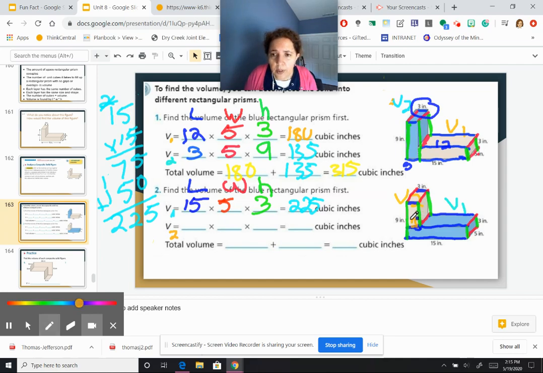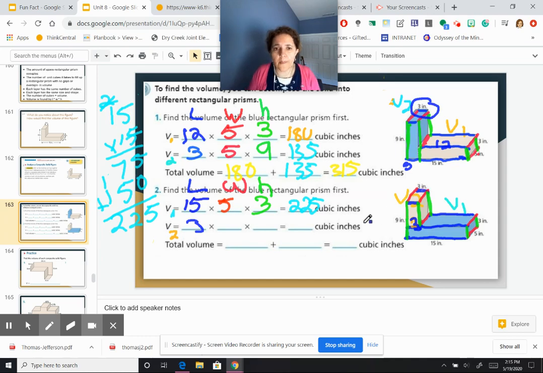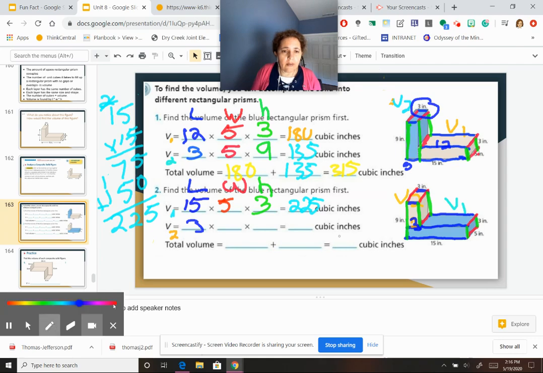So this should be 3 in blue. So my length is 3. Okay, because it's this little piece right here, which is parallel to that, which is parallel to that, which is 3 inches. Okay, now I need to find my width. My width is going in. Here's my width going in, nothing there. It's parallel to that, parallel to that, parallel to that, parallel to that, which is 5. So my width is 5.